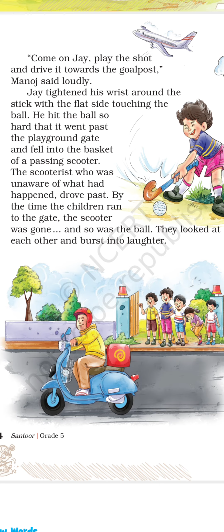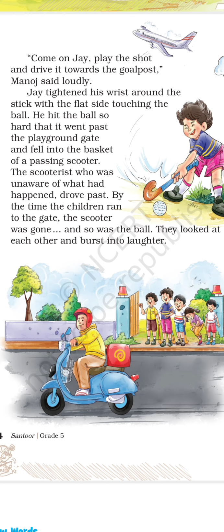Jay started playing by keeping his wrist tight and hit the ball with the flat side of the hockey stick. He hit the ball so hard that it went past the playground gate and fell into the basket of a passing scooter.